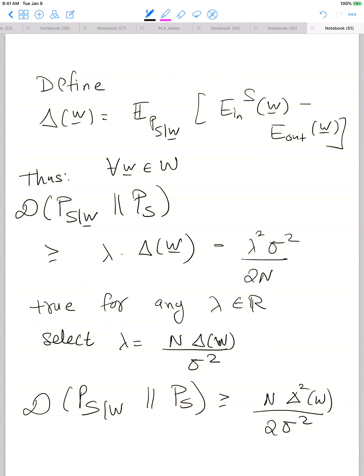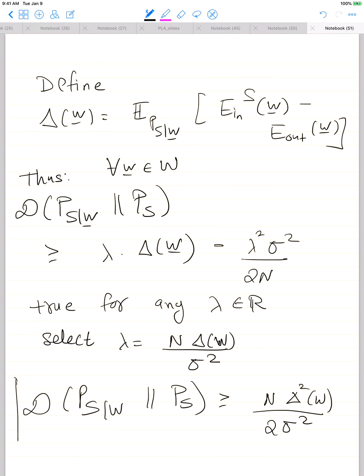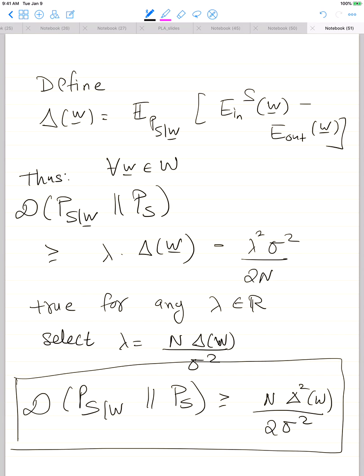If I substitute this in here, as one candidate, then I get this lower bound. So we have transformed the Donsker-Varadhan lower bound by selecting a particular function f, which is related to the loss function in our application, and connect the relative entropy with the gap between the training and the test error.